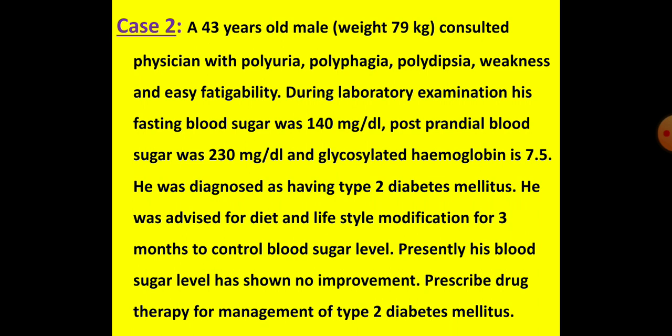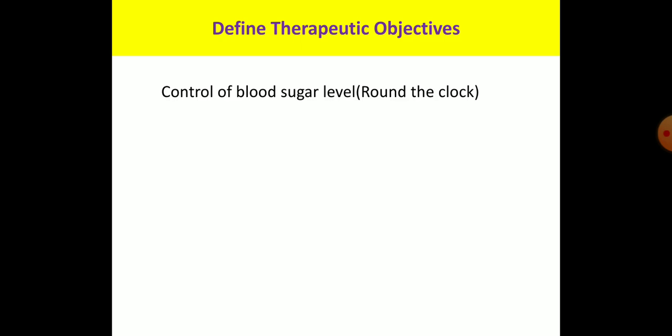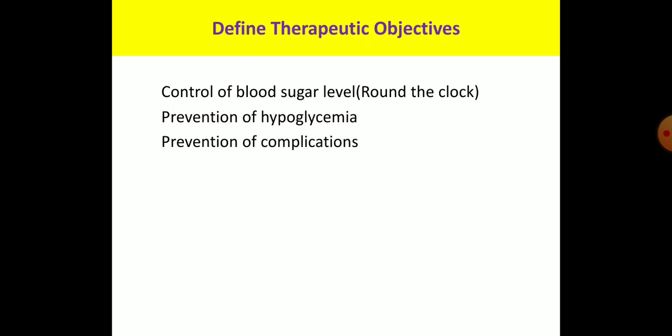Okay, now again we will go step by step for the selection of the P drug. So what is the problem? The problem is type 2 diabetes. What are your therapeutic objectives? The objective is to control the blood sugar level round the clock without the incidence of hypoglycemia, and as you tightly control the blood sugar level you can prevent the complications.